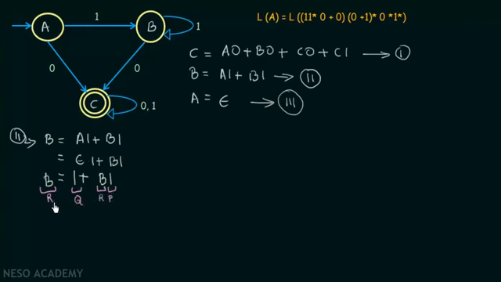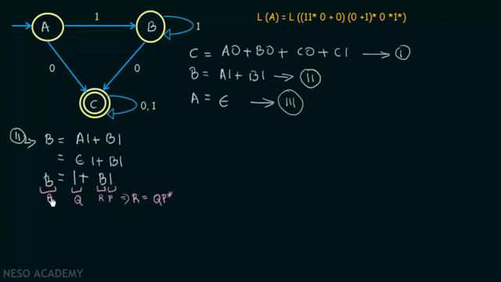So if we have an equation of this form where R equal to Q plus RP, by Arden's theorem we can write R equal to QP star. So this is by Arden's theorem, which we have already discussed. And if you don't know Arden's theorem, I will leave a link in the description where you can check it out.